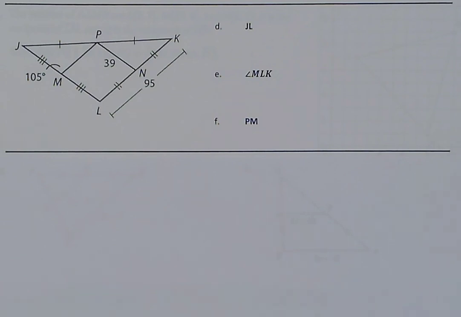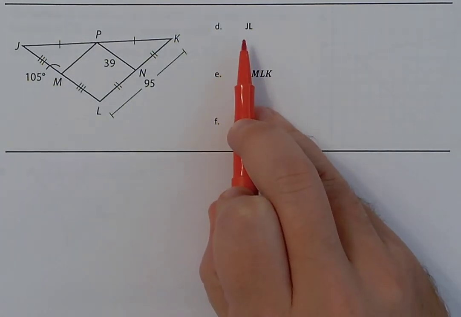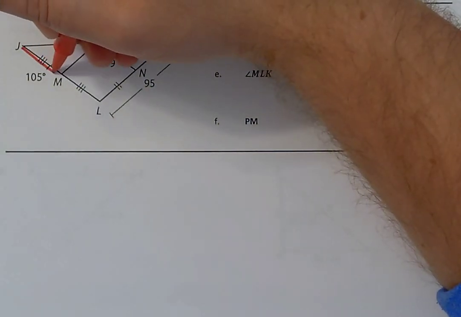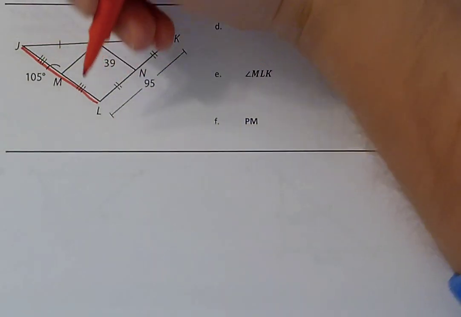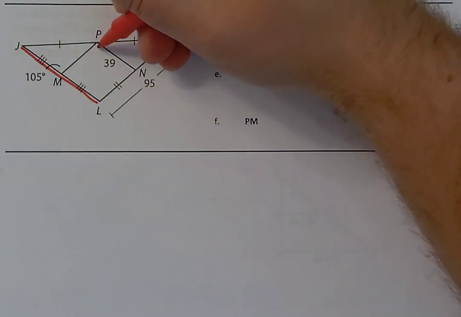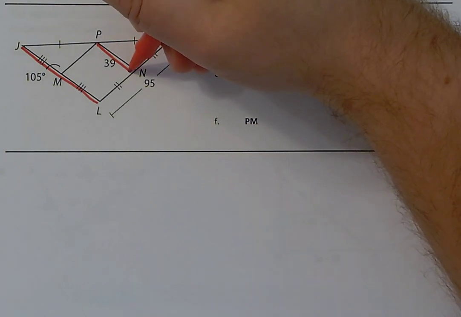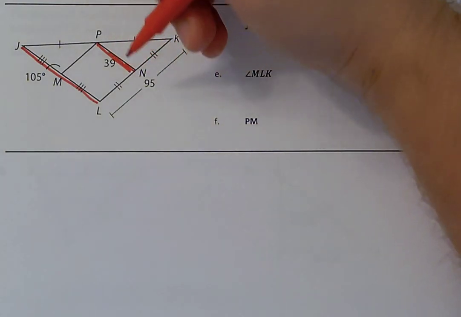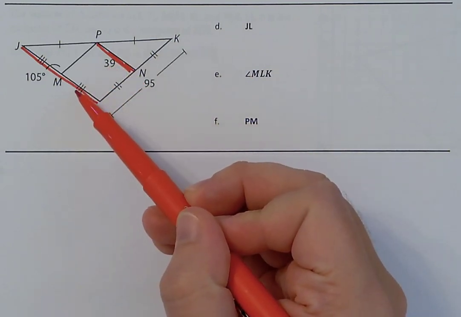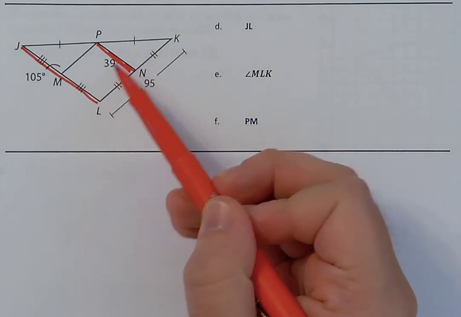The first thing they want me to find is the length of JL for part D. So JL is going to be this segment right here, and the mid-segment that is parallel to JL is going to be PN. So that's this segment right here. PN is parallel to JL. That means this is where my relation is going to be.